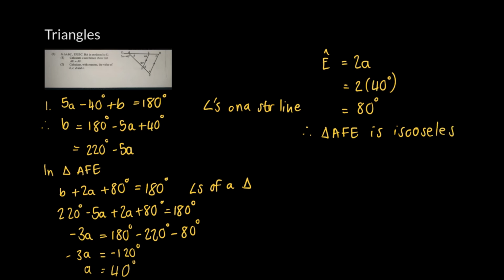And that means the properties of an isosceles triangle tell us that AF will then be equal to AE. Okay, and this is how we can solve for that first part. And now we can then use what we have to solve for B and for D and for E. We'll do that in the next part.